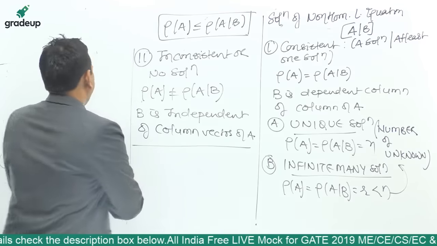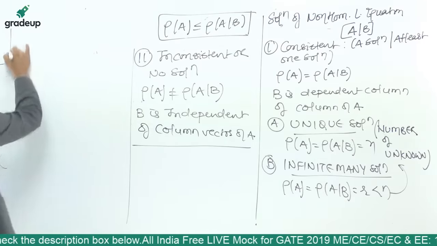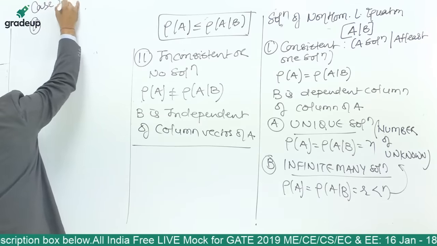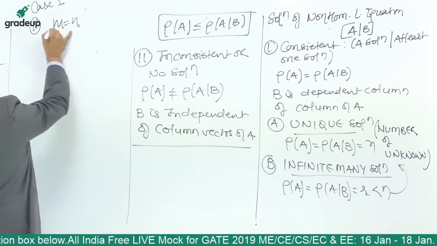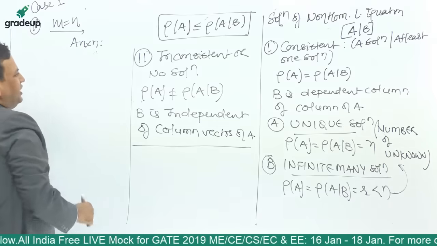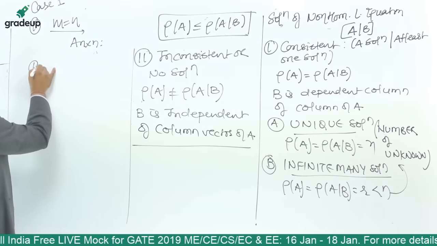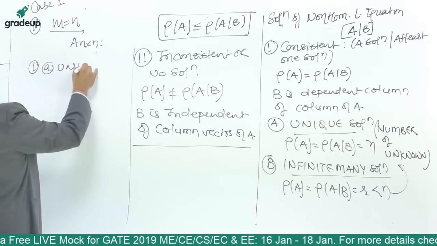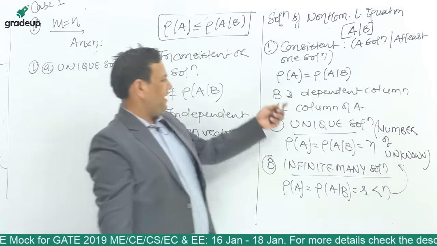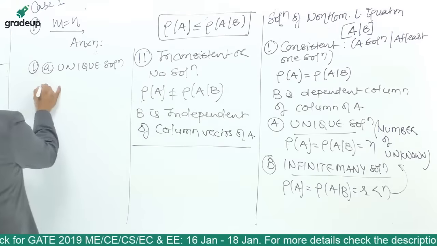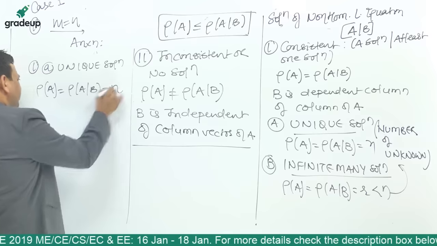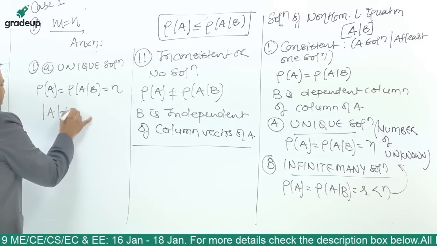Now, if I take the first case, there are different cases. First, case 1: m equal to n. That means A would be an n cross n matrix. So for a consistent unique solution, the rank of AB and A must be equal to n, which means the determinant should not be equal to 0.